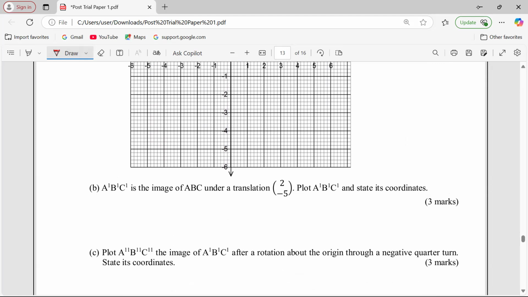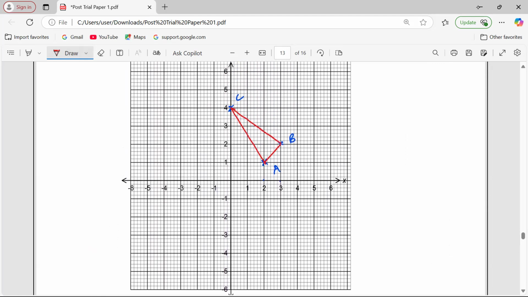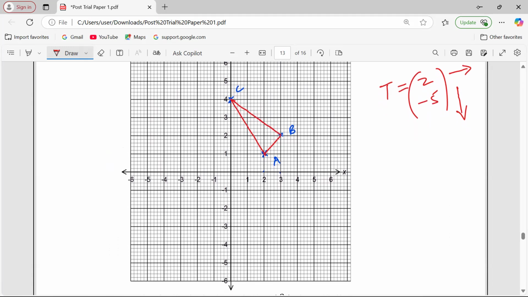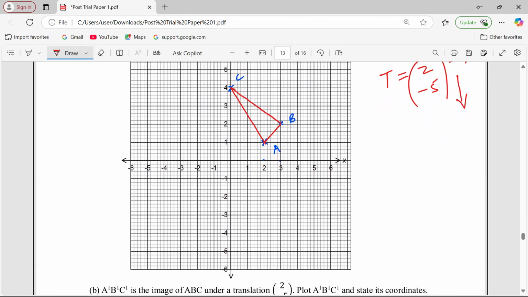Therefore, with translation vector (2, -5), it means for the x-axis, we are moving 2 units. Because they are positive on the x-axis, we go to the right. But for the y-axis, because they are negative, we shall go downwards 5 units. Therefore, let us start translating this triangle.